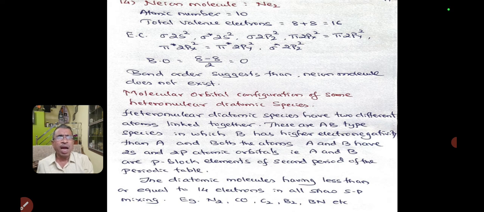That is, A and B are p block elements of the second period of the periodic table. The diatomic molecules having less than or equal to 16 electrons in all show sp mixing. Examples: nitrogen, carbon monoxide, the carbon molecule, boron molecule, BN, etc.